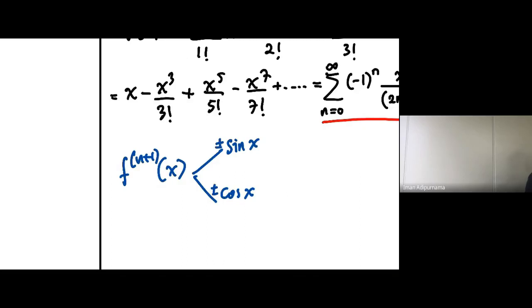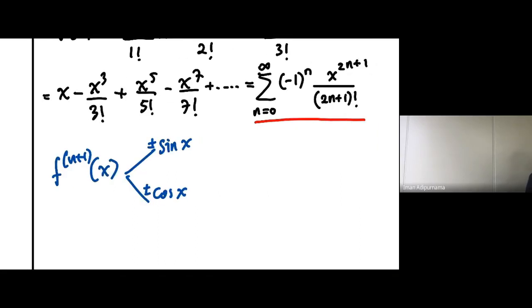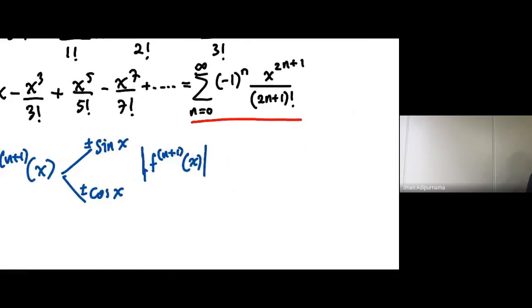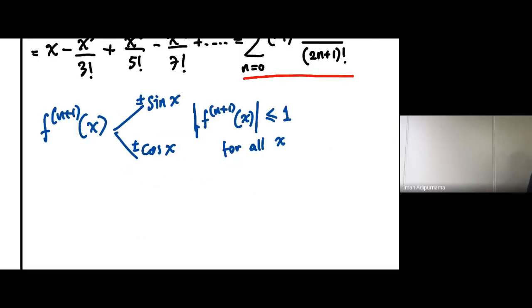So we have this inequality. Its maximum is 1, sine or cosine, for all x. So we can take M equal to 1 in Taylor's inequality.